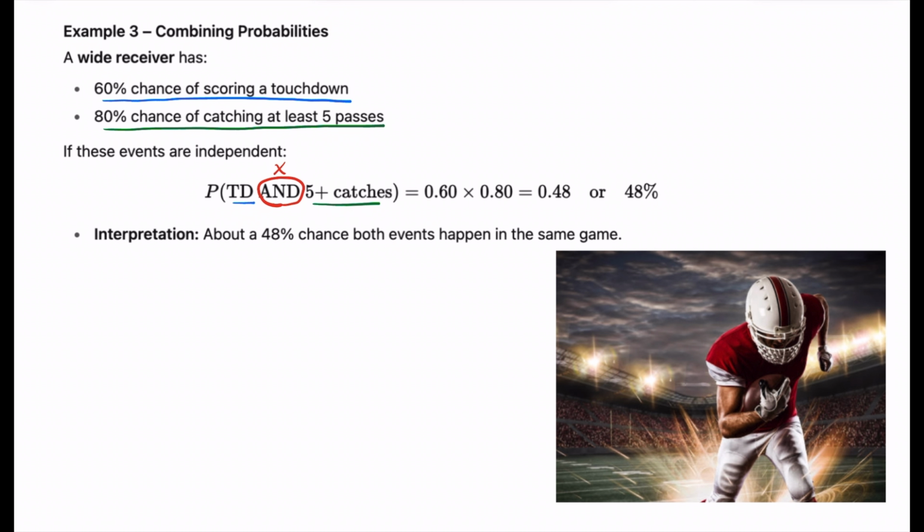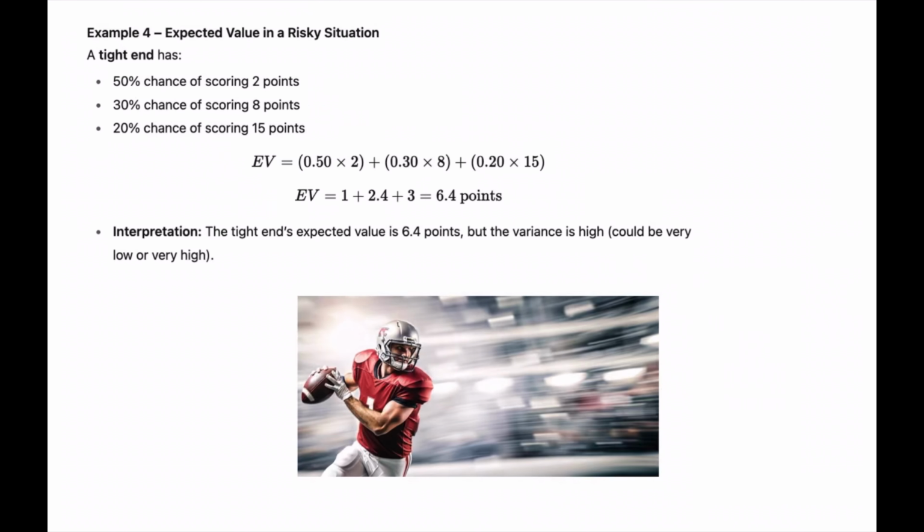So we have two events here, and since it's an and, we'll be multiplying the probabilities. So the 60% chance is the same as 0.6, and the 80% chance is the same as 0.8. We know that 0.6 times 0.8 is 0.48 or 48%. So our interpretation is that there is about a 48% chance that both events would happen in the same game.